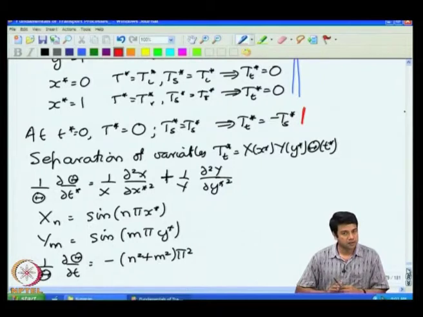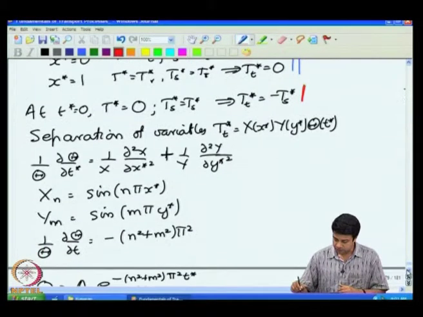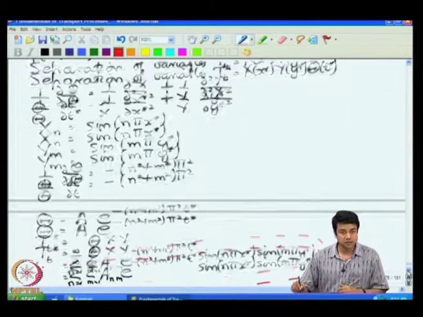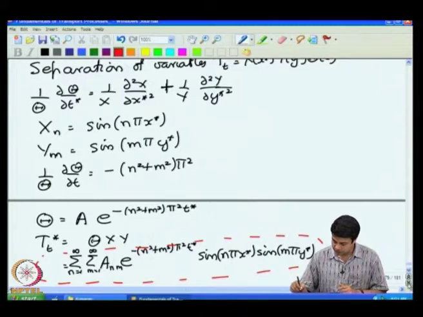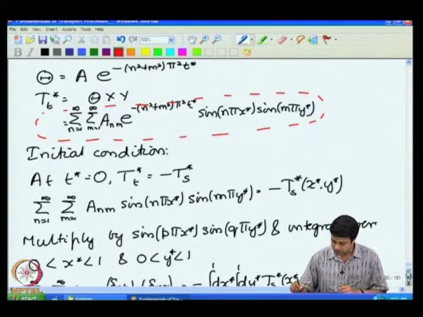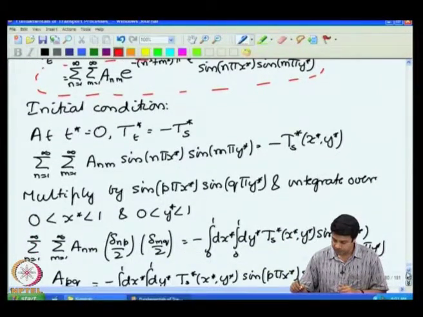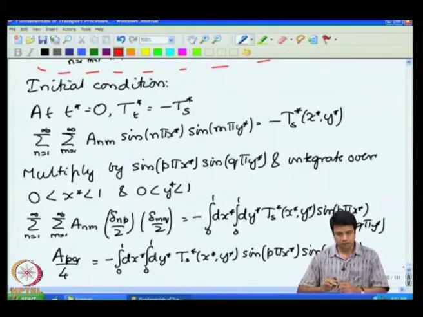Putting all of those together, we were able to obtain a solution, and we simultaneously used orthogonality in both the x and y coordinates in order to find those coefficients in that equation, and that completes the final solution.